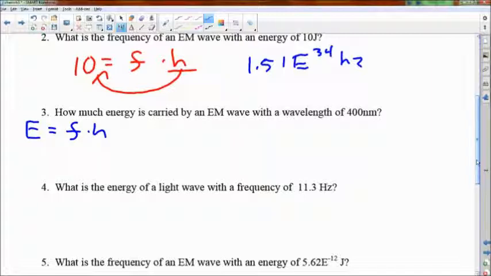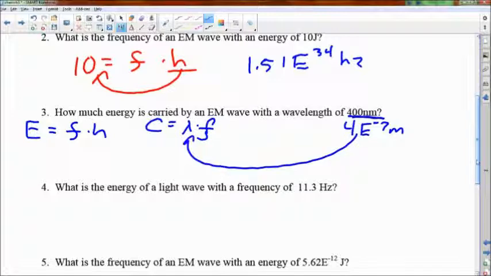So first we're going to have to use the other equation, the speed of light equation, to find the frequency based on the wavelength. But even before we do that, we've got to convert this, because 400 nanometers is not something we can put into this equation. We need our wavelength in meters. So we're going to convert from nanometers to meters, and we should get 4 e to the negative 7th meters.